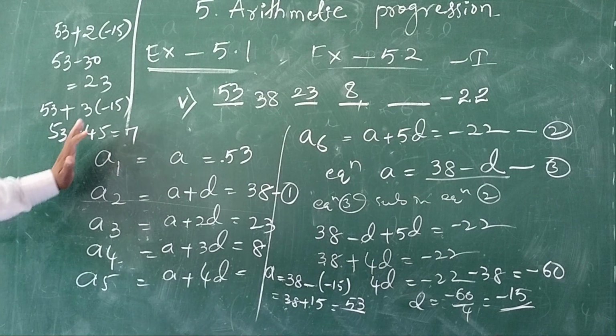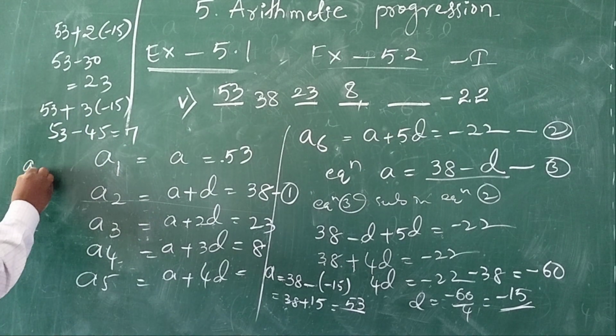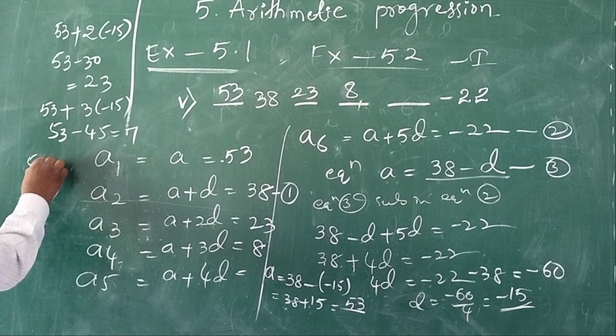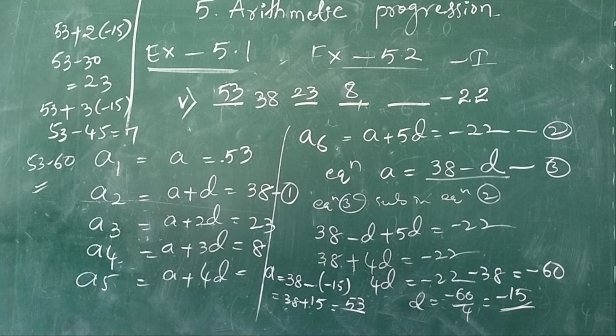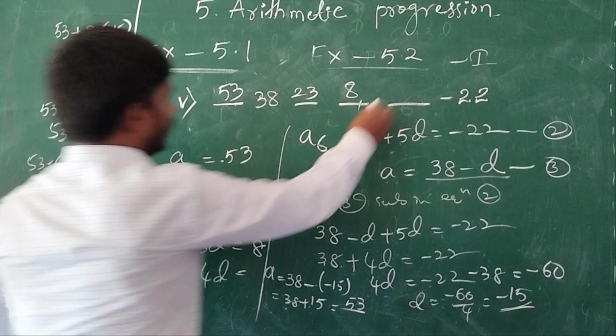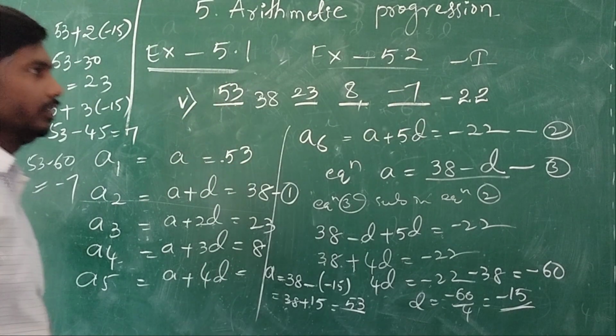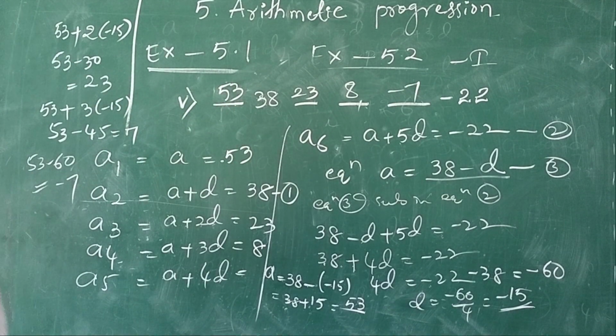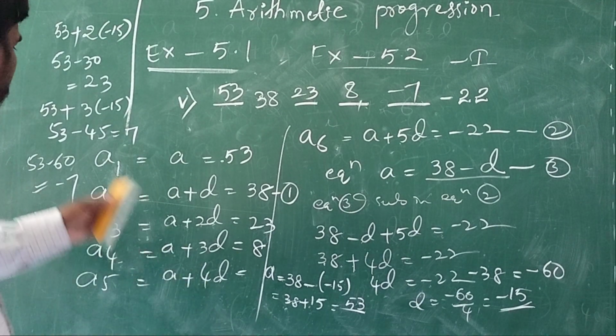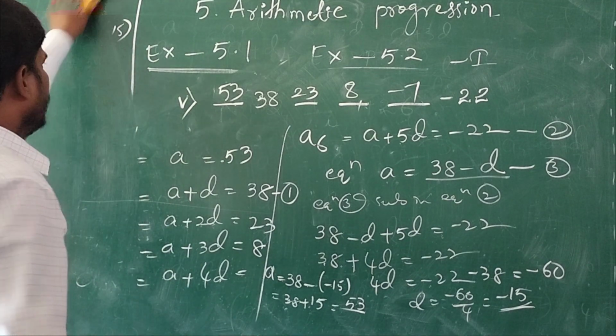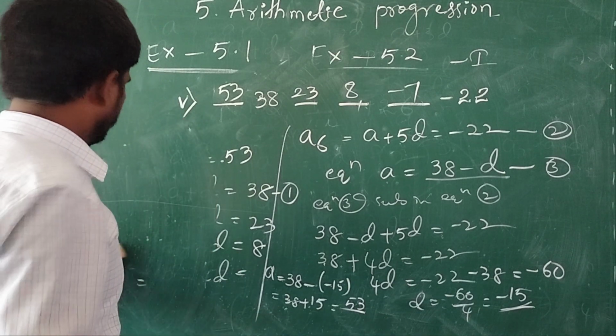Last, a5: 53 minus 60, that is minus 7. The last one is minus 7. This is the 5.2, third bit fifth problem.